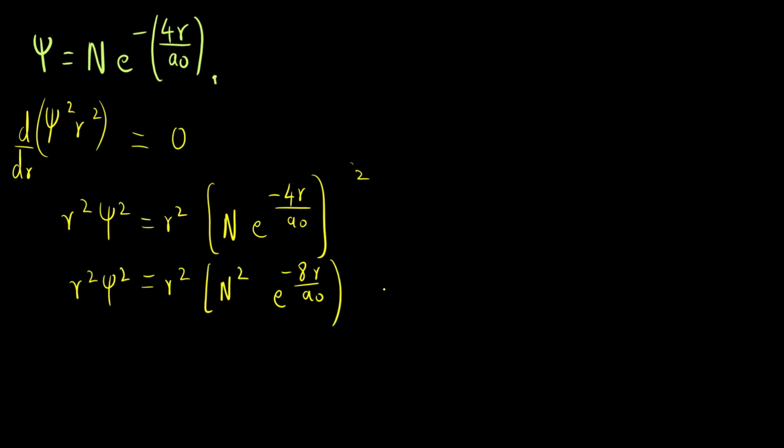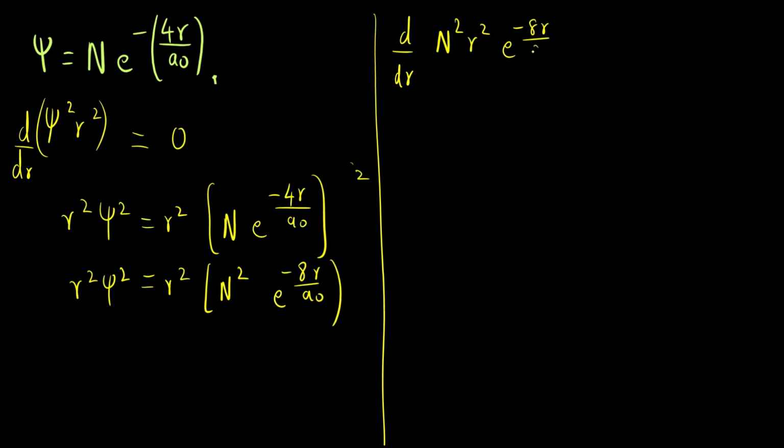Now we have to differentiate this with respect to radius. So d by dr of N square r square into e raised to minus 8r by a naught. N square is the normalization constant, so we can take it outside. Now this is one function and this is another function.